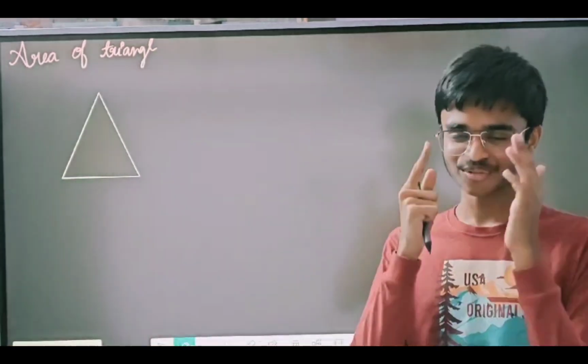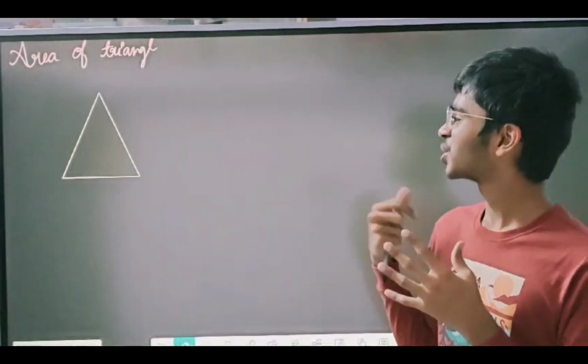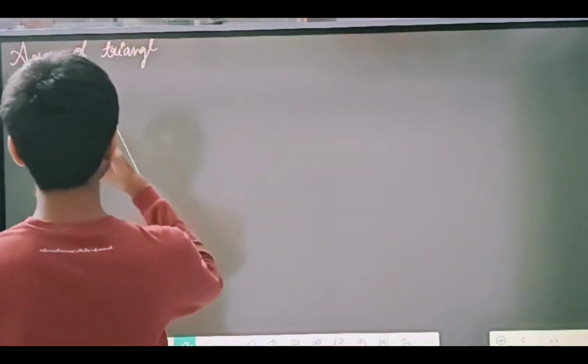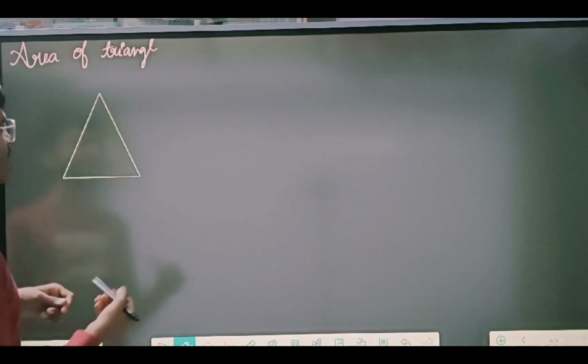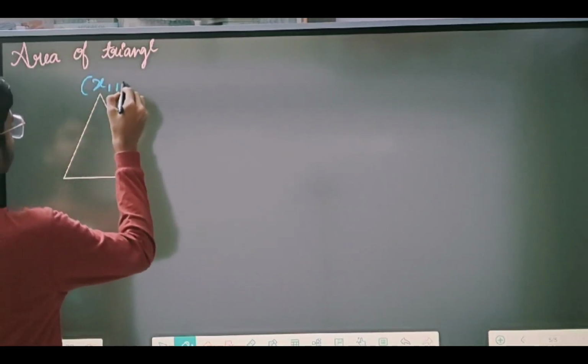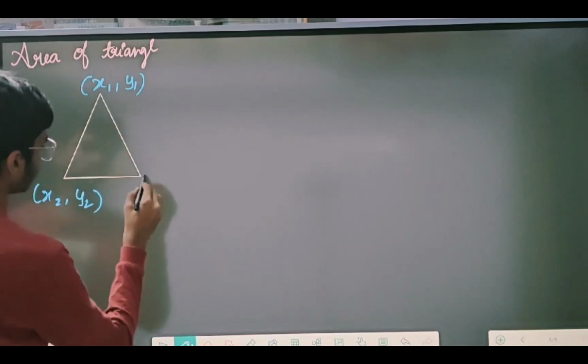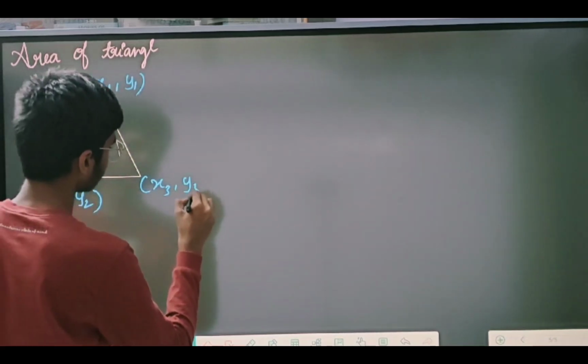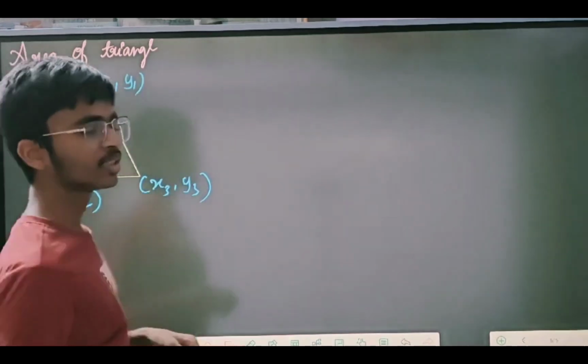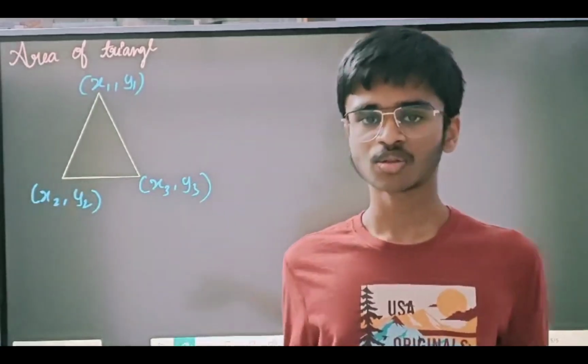Instead of me blabbering, we will come to the concepts. This is what the triangle is, and there are those 3 vertices. It is going to be x1, y1, x2, y2, and x3, y3. So now you have got all these 3 points, the vertices of this triangle.